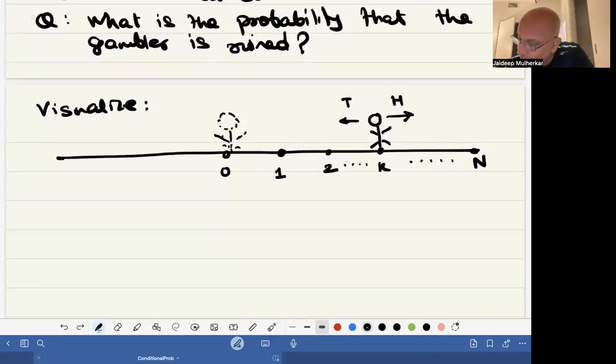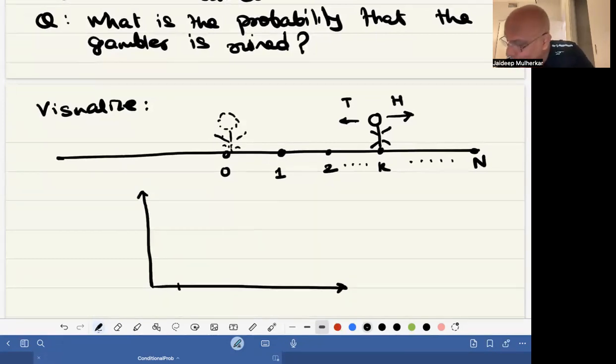The other way to visualize this is that the gambler is doing some sort of a random walk, but now I will describe a different way of visualizing it. You have time on the x-axis. And on the y-axis, in the same lattice, you have the position of the walker.